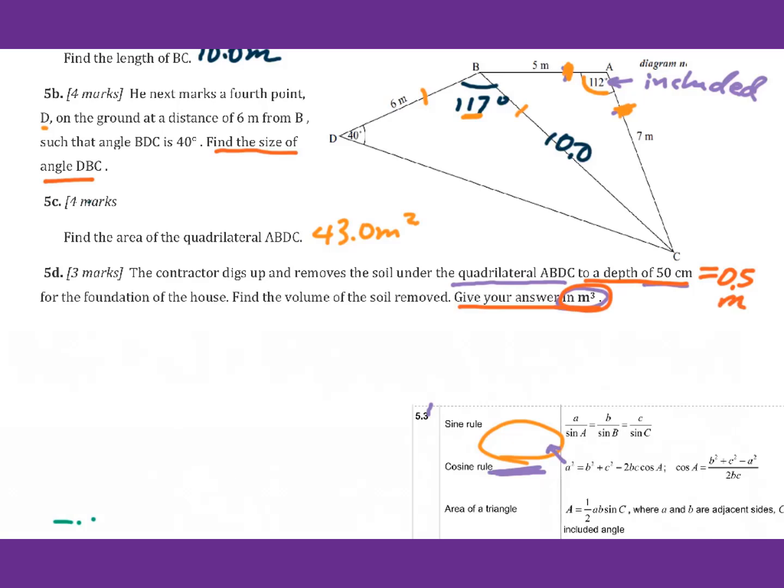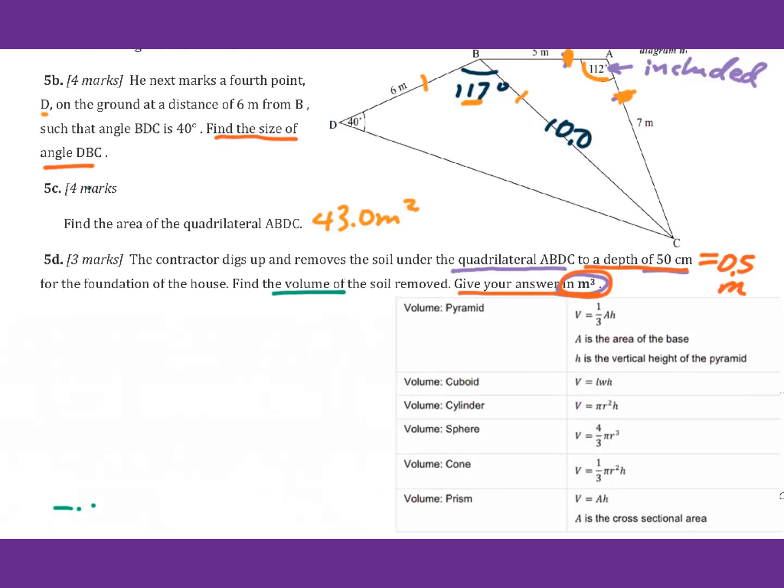We're looking for this volume. You need to decide what kind of solid it is. When you dig up and remove the soil under the quadrilateral ABDC to a depth of 50 centimeters, it forms a prism. This will be the base area, quadrilateral ABDC.